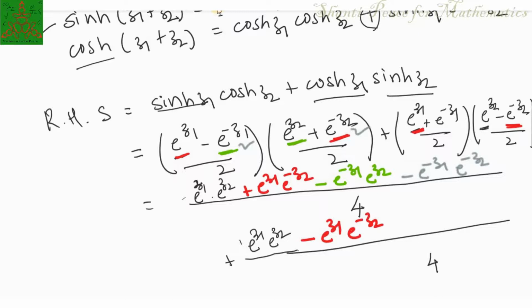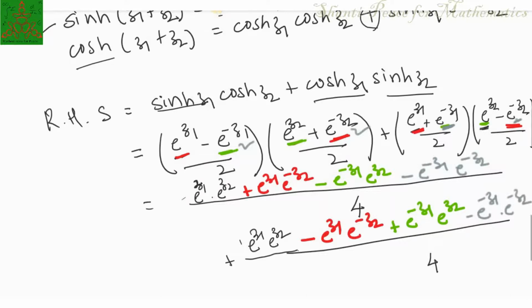The third, this quantity will multiply to this one, so that is plus e power z1 into e power z2, and in the last, e power minus z1 will multiply to this last quantity, that is minus e power minus z1 into e power minus z2.